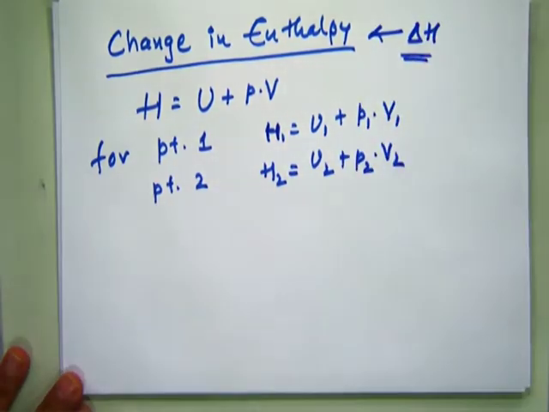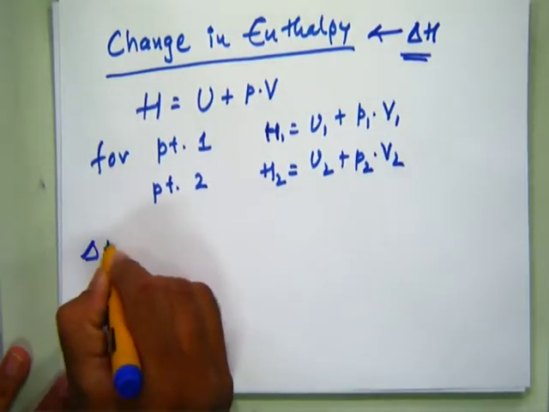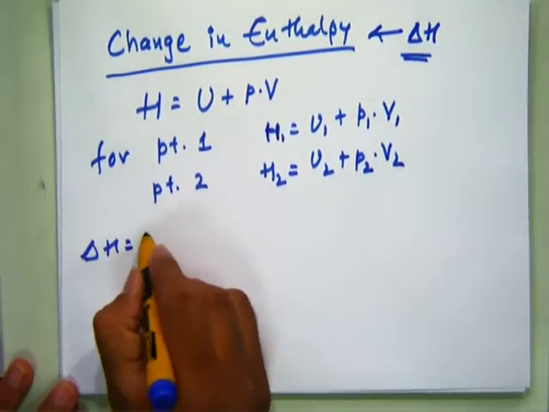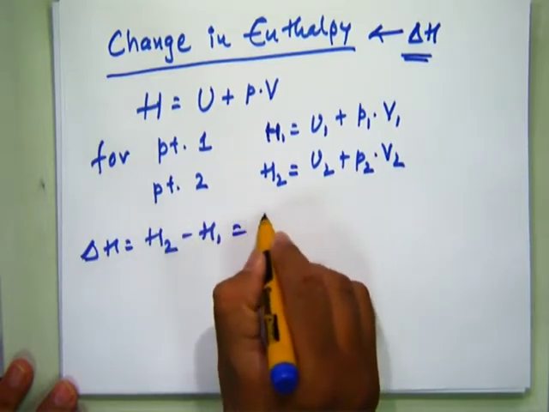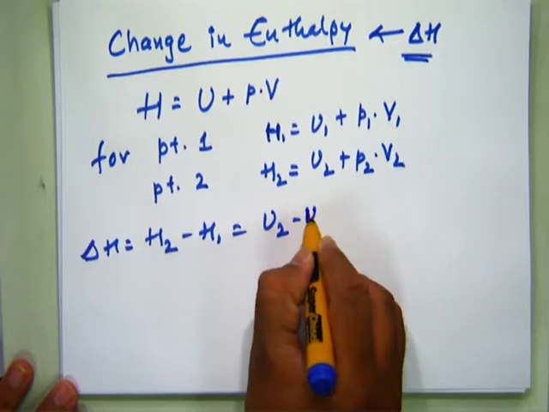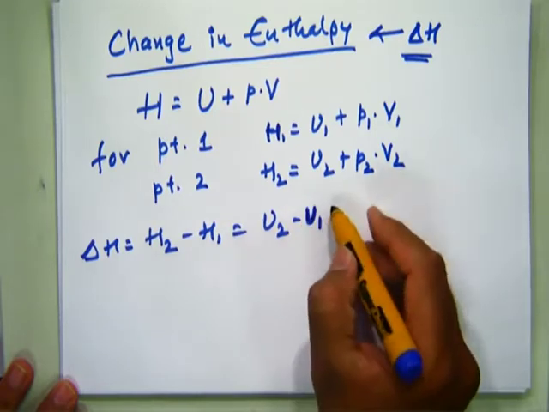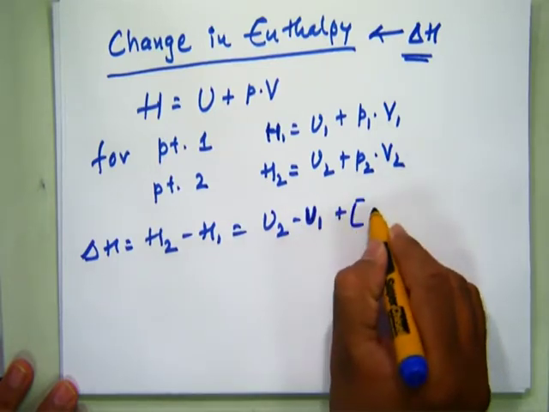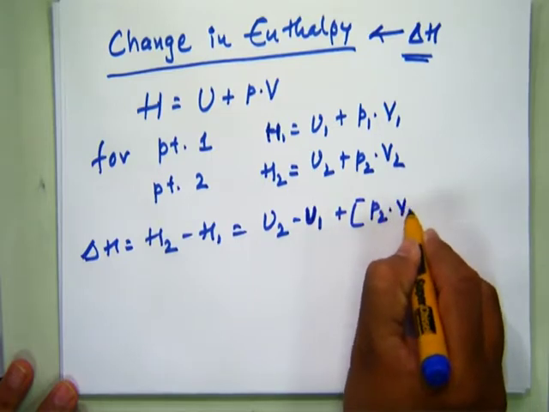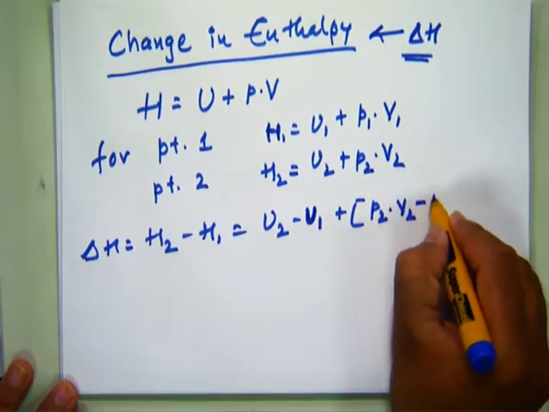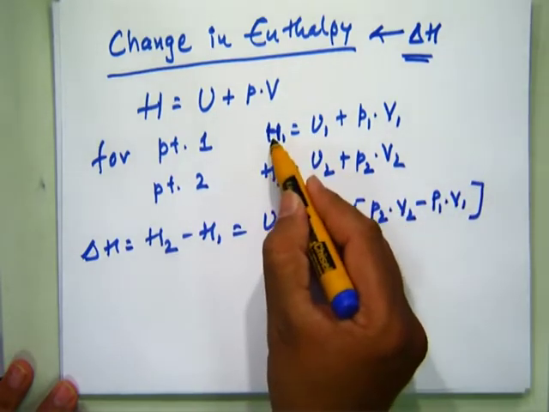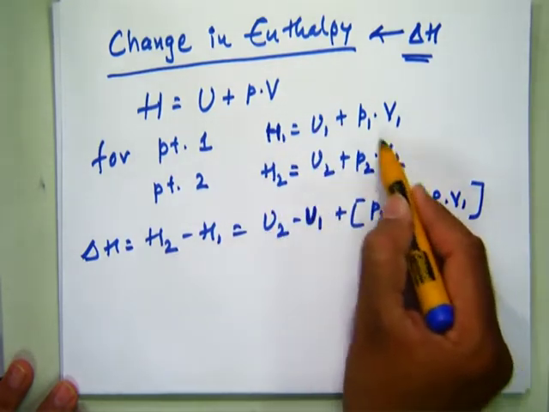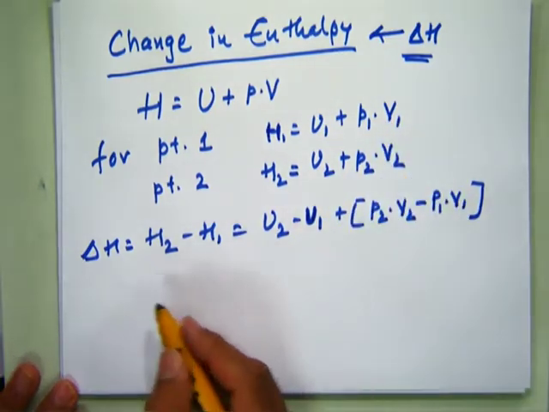The change in enthalpy, delta H, is H2 minus H1, which is (U2 minus U1) plus (P2 V2 minus P1 V1).